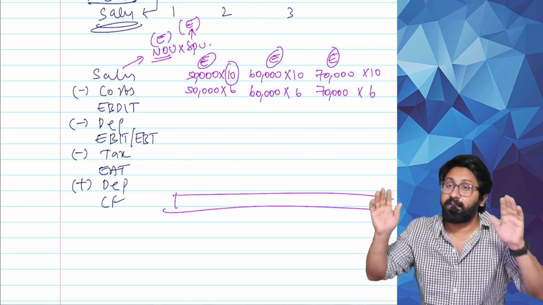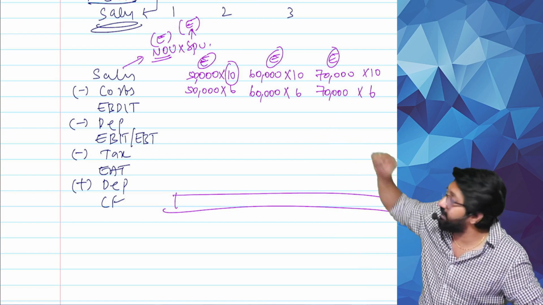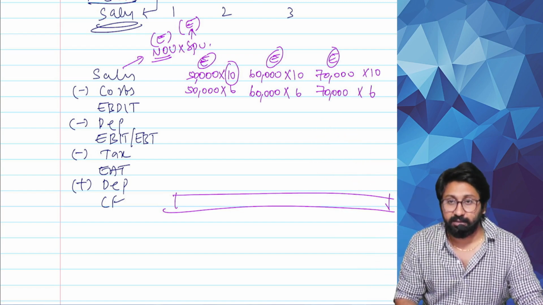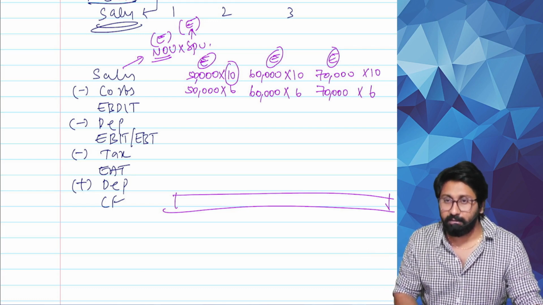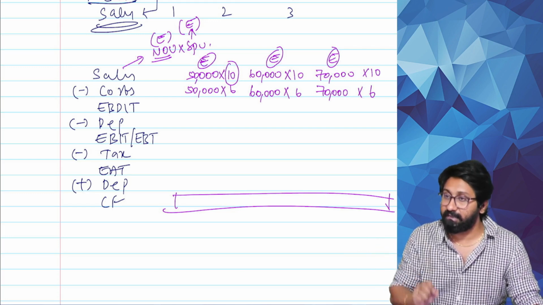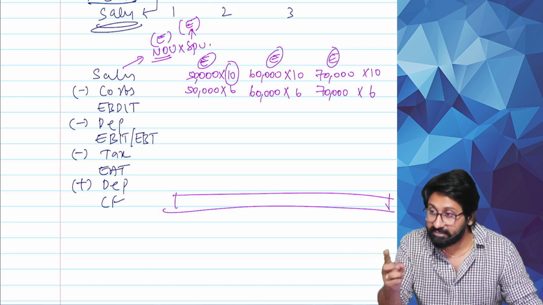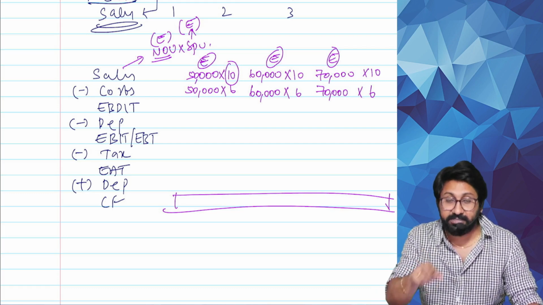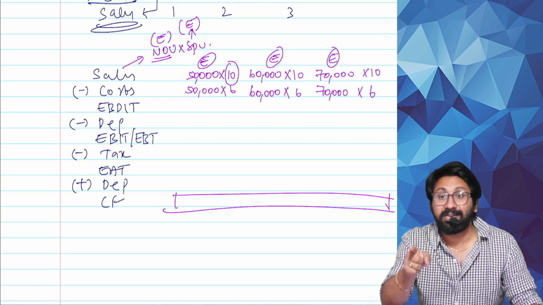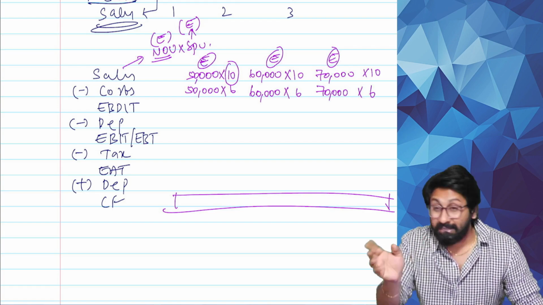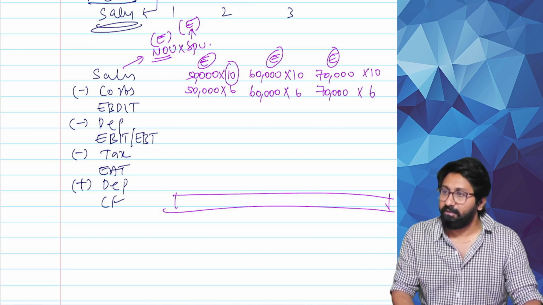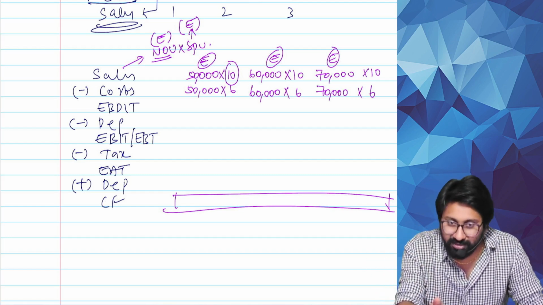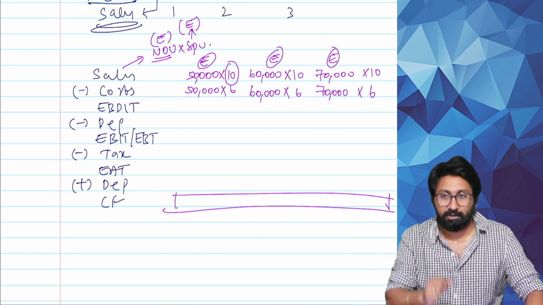Company estimated cash flows like this. Tell me, how much sale are they expecting at the end of first year? Second year, 60,000. Third year, 70,000. These are all estimates. Estimate means uncertain. That uncertain means there is a risk. What is the risk I am asking? 50,000 may be sold. 50,000 may not be sold.